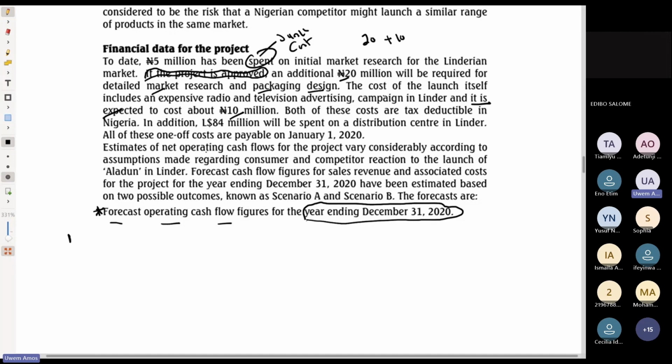In addition, 84 million will be spent on a distribution center in Linda. All these one-off costs are payable on January 1, 2020.